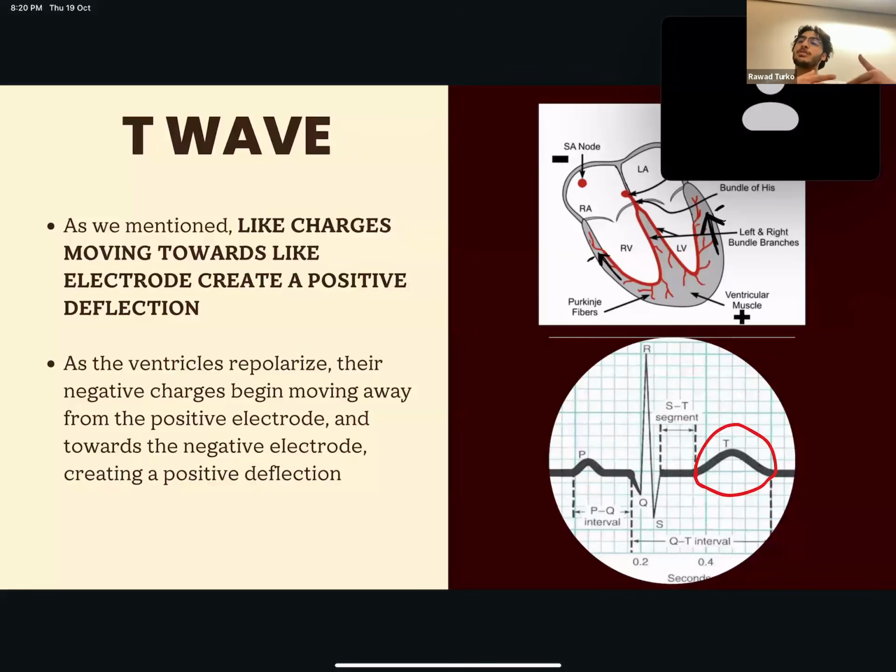Remember also that repolarization goes from epicardium to endocardium, but that's more of an anatomy concept rather than physio. All you have to know for this lecture is that it's moving away from the positive electrode and towards the negative electrode, which will give you a positive deflection, because it's negative towards negative. Okay.